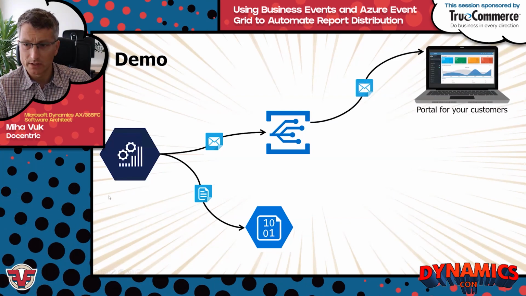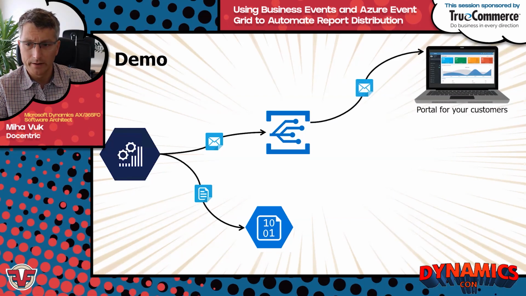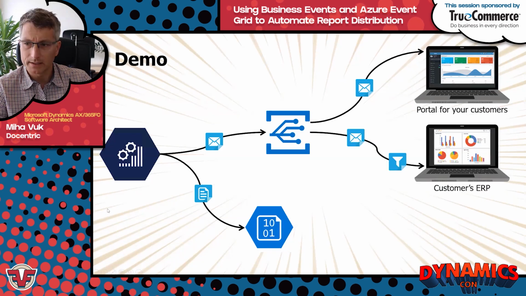In this case, we will start from a known web API, and we will use Logic Apps to call it. The second application will be the customer's ERP system running in their domain. Therefore, we will have to filter the events to send just the events for this customer. In this case, we will start from a C# code sample, which we got from the customer, and we will use Azure Functions to run it.